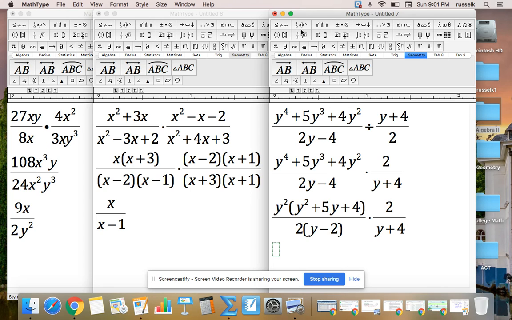Like I said, the top of this one can be x factored, so we still have our y squared out in front. And this would factor into y plus 4 times y plus 1. Everything else in this problem stayed the same.